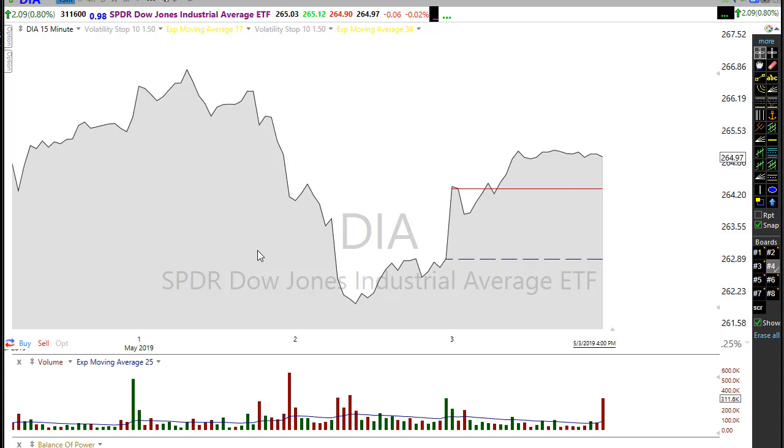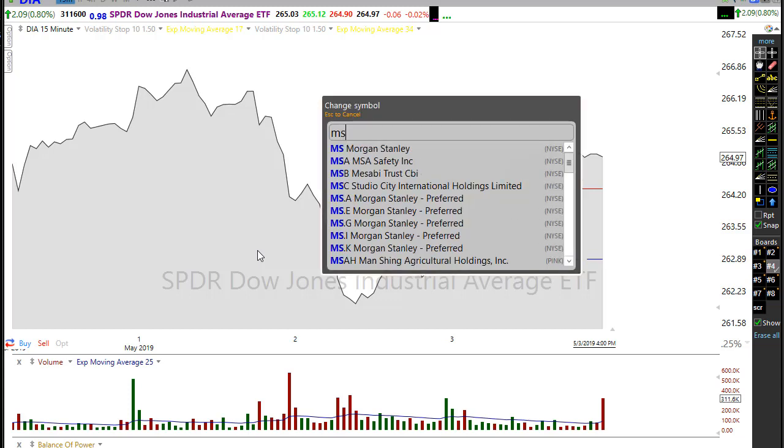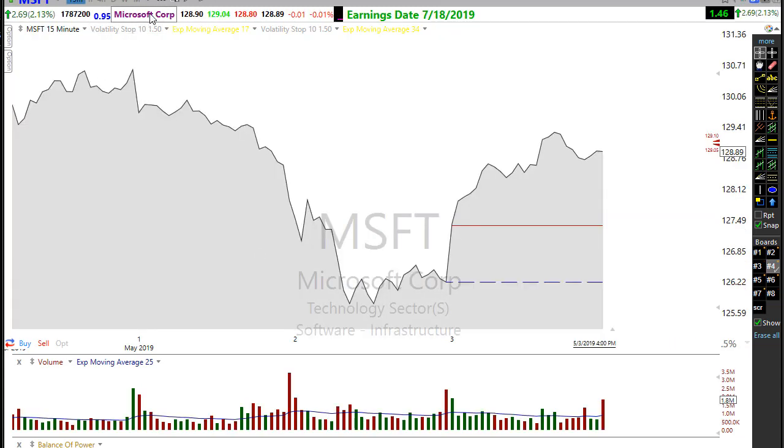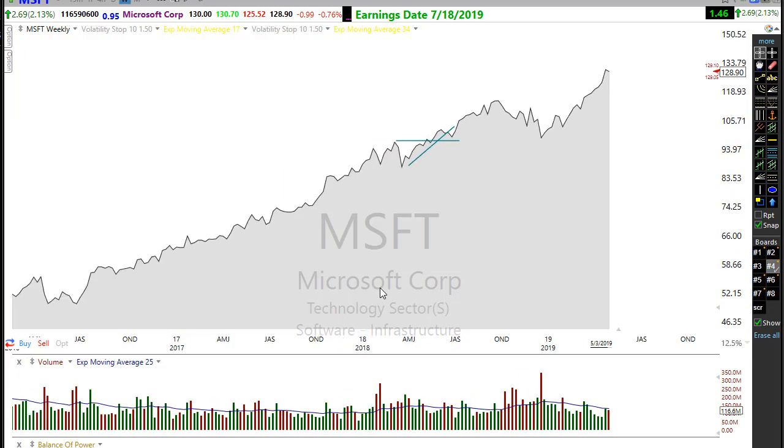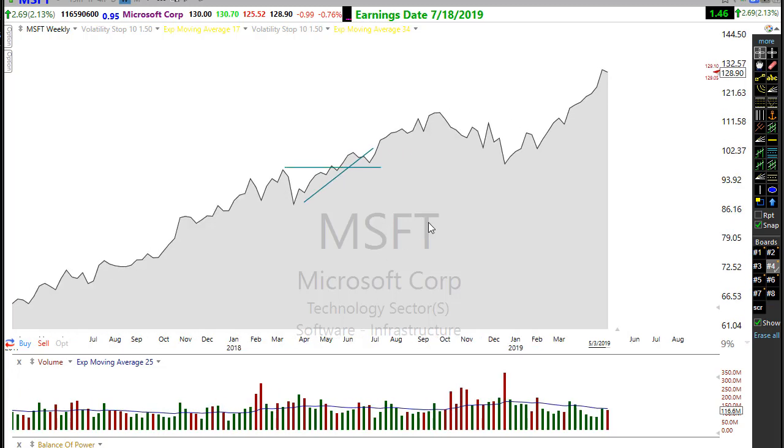Let's take a look at Microsoft on a weekly. Can we see patterns in here and see how smooth and easy this was to achieve or trade? Gives us some of that fun look at the chart.